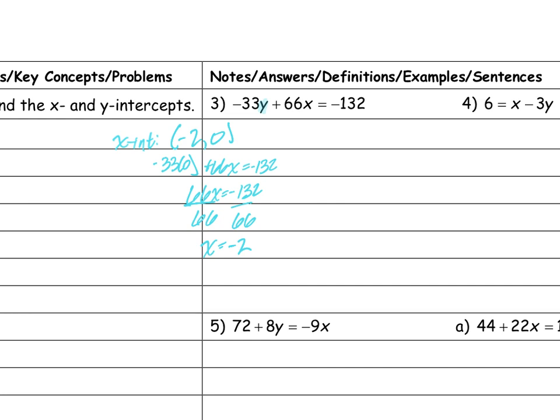You guys really don't have any questions? Is this okay? So to find my y-intercept, I'm going to set x equal to 0. So here's my x. Okay, so I've got negative 33y plus 66 times 0 equals negative 132. 33y equals negative 132. I have no clue what this answer is.